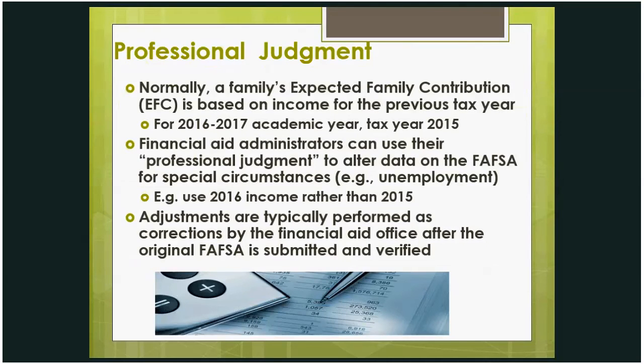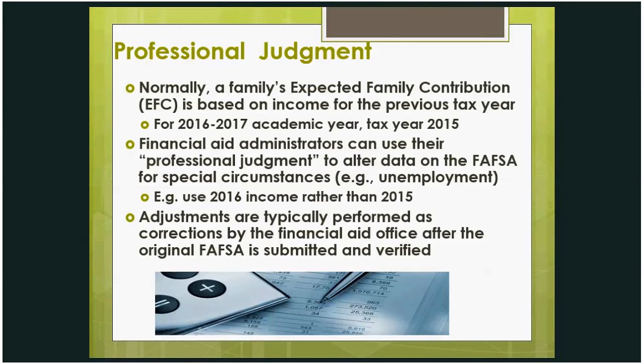And then after that FAFSA is processed, you could approach the financial aid office in certain cases to do what's called a professional judgment adjustment. The most common example would be, like I said, parents had $70,000 in income last tax year. Both of them lost their jobs, and now their income this year is only unemployment.